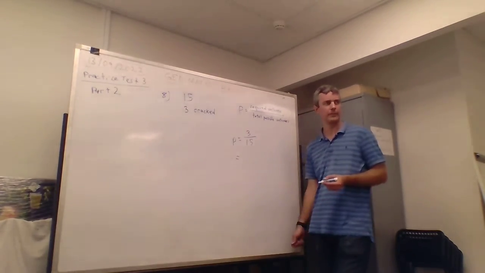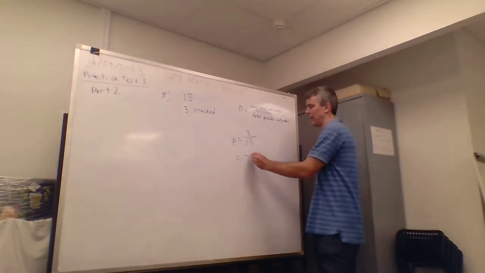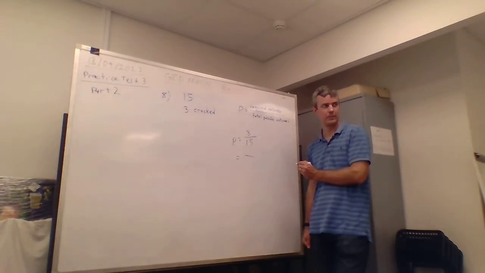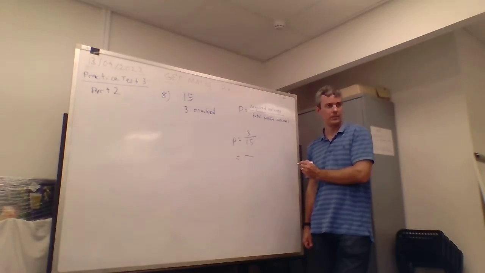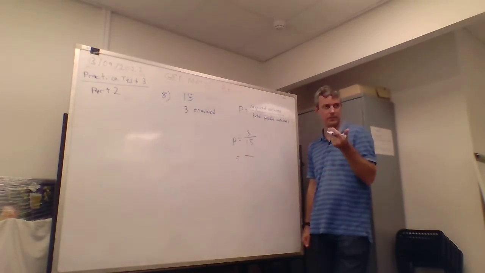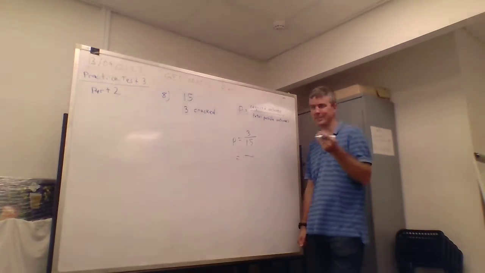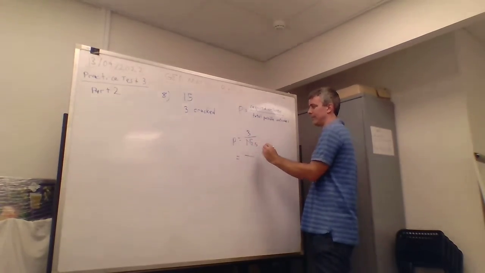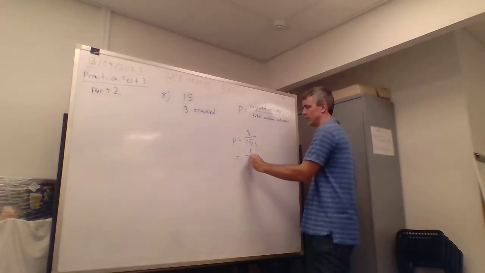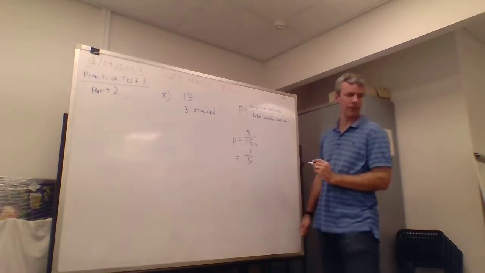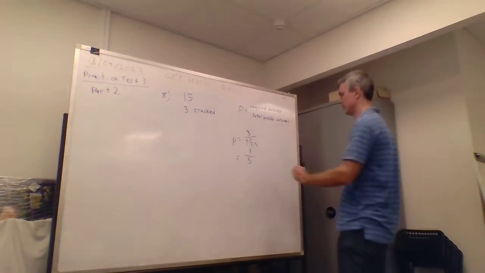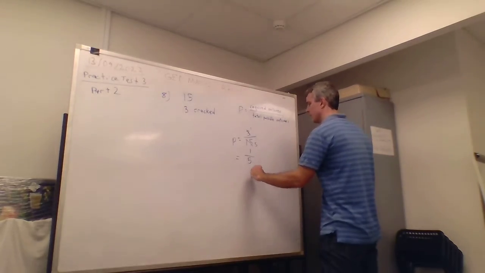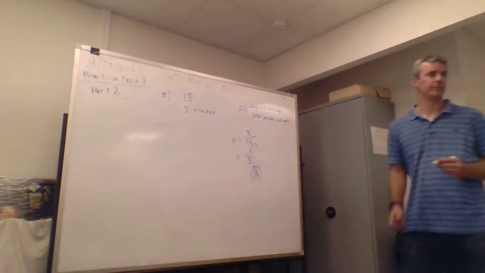Can you simplify it? 3 goes into 3 once, and 15 is 5 threes, so it's 1 over 5. Is that one of our options? Yes, B.